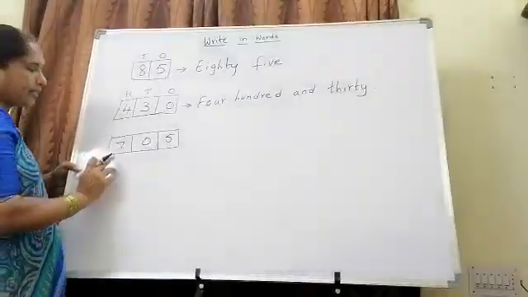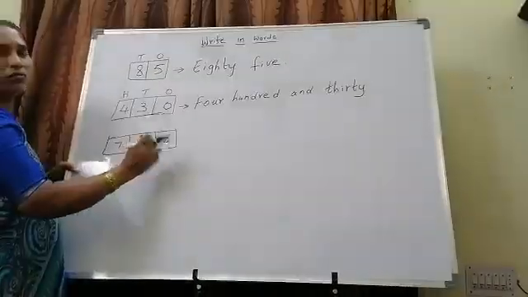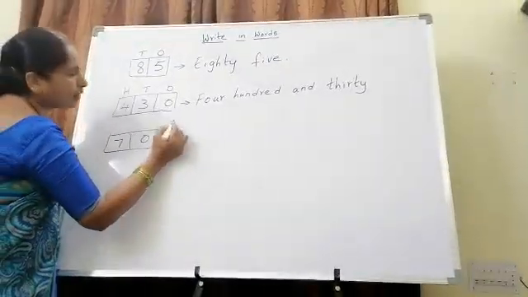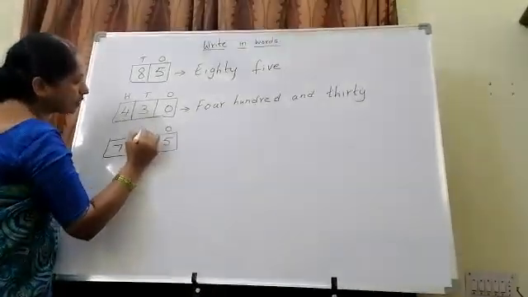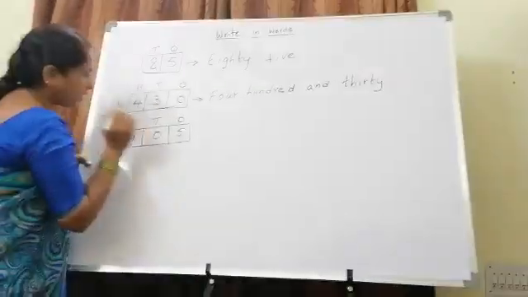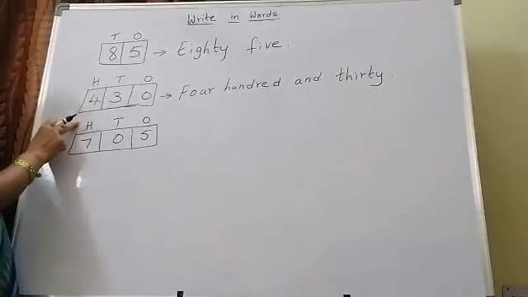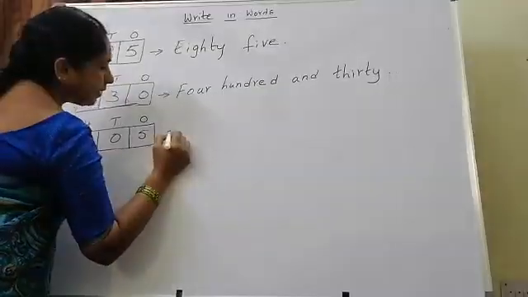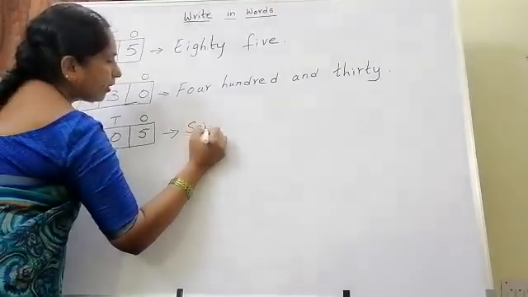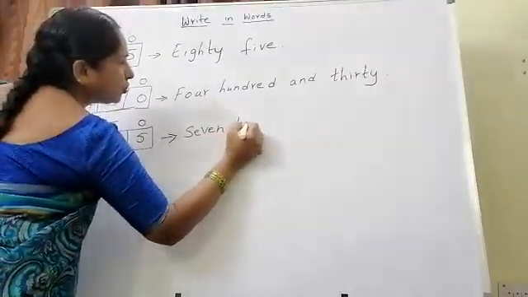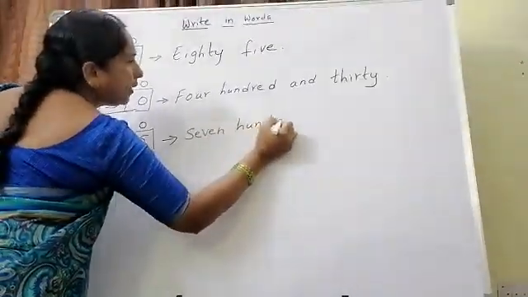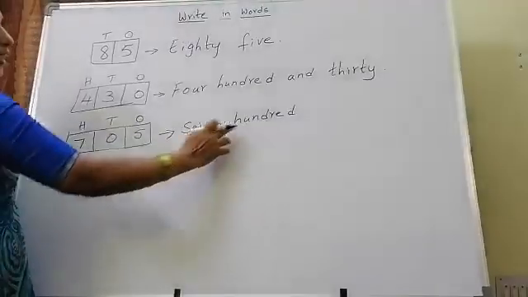See another example, 705. Again see, 7 in one box, 0 in one box, 5 in one box. Again you write the place values: ones, tens, hundreds. 7 is in which place? Hundreds place. So you have to write 700. S-E-V-E-N, 7, H-U-N-D-R-E-D, 100, 700.